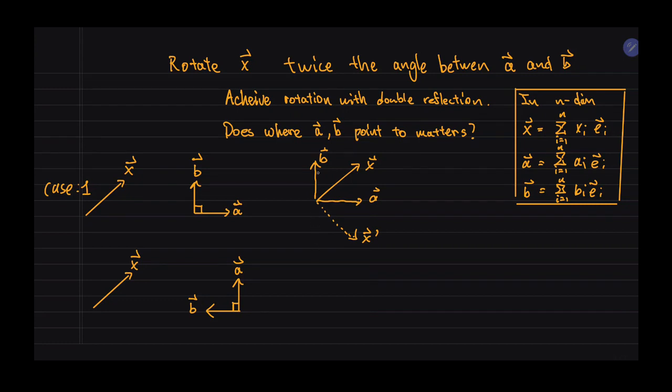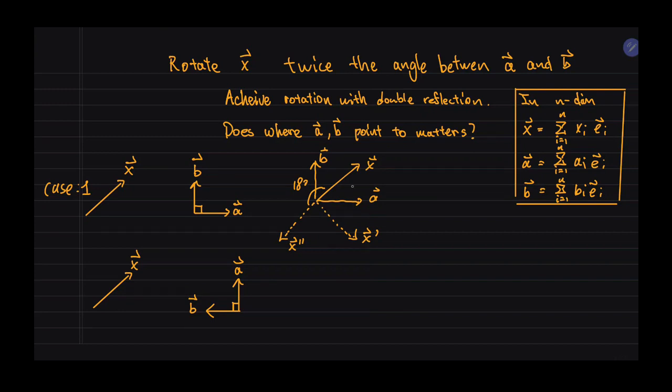So x prime reflected with respect to b will get this, x star. So we can see that x star is 180 degrees from the original x, which is twice the angle of 90 degrees.